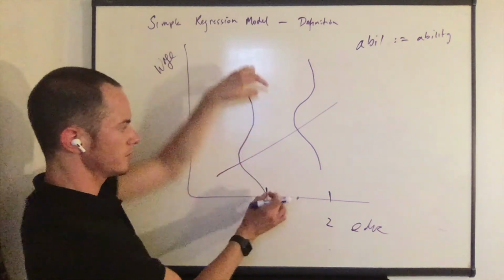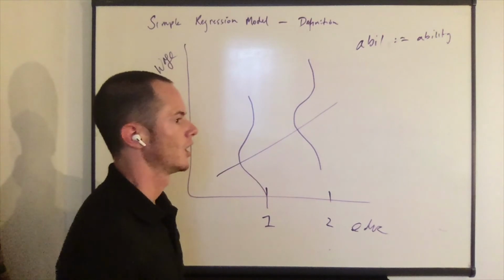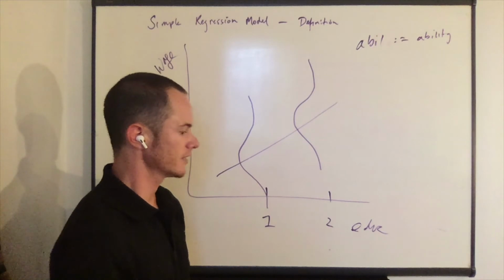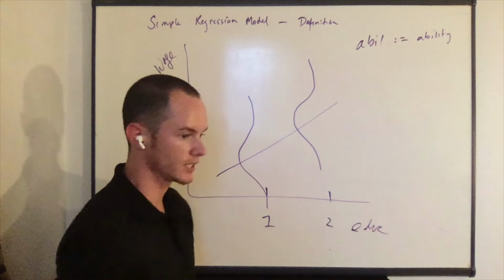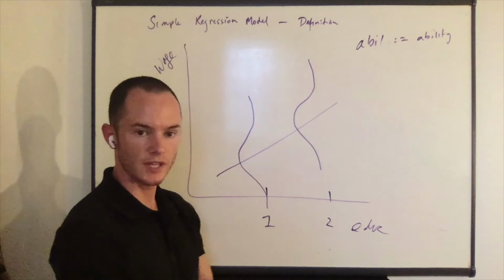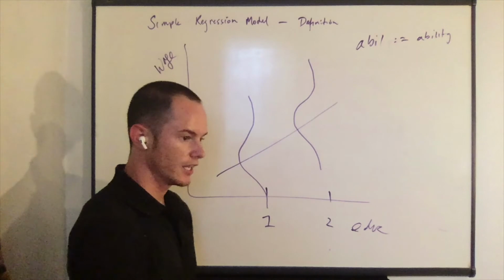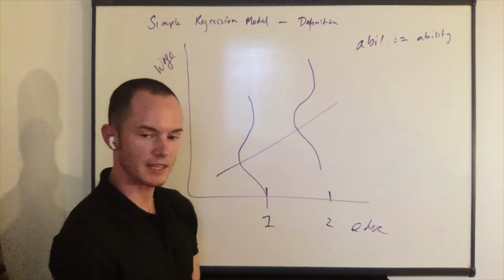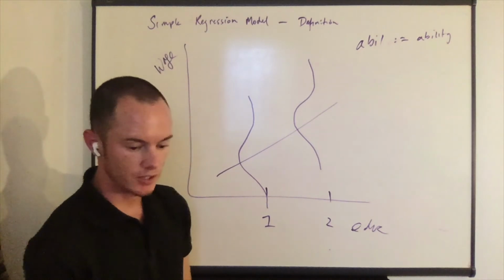That you have the same distribution of ability over the different levels of education, which might be a bad assumption, because you might expect individuals that get higher levels of education, like masters and PhD and MDs and all of the other post-secondary higher levels of education, to be of higher levels of ability. So you might expect there to be a relationship. But this zero conditional mean assumption says that no, they are not related.